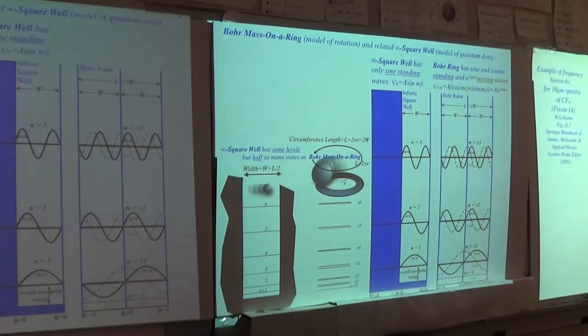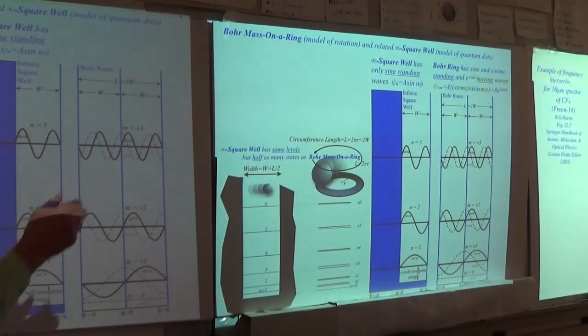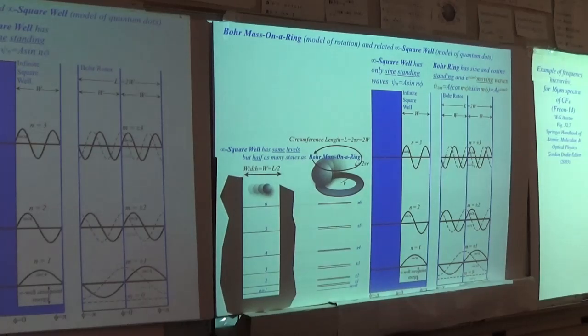So you can have a wave that has, if you take its magnitude, a constant value all the way around, but the phase inside it is moving either clockwise or counterclockwise. Left hand is a negative motion by convention.